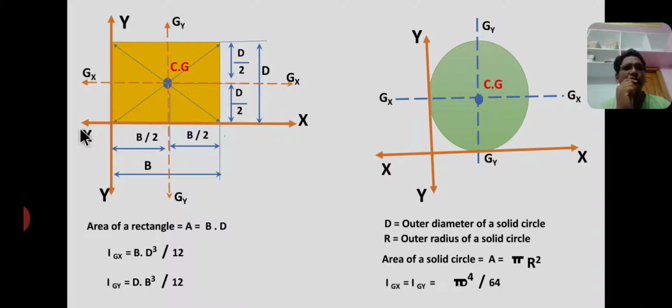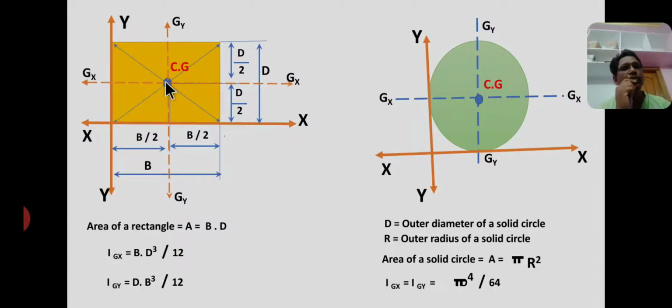Okay, here x axis I considered as a reference axis, as well as y axis also a reference axis. Whereas CZ is the centroid, therefore gx and gy axes are called centroidal axes. These centroidal axes pass through the centroid.